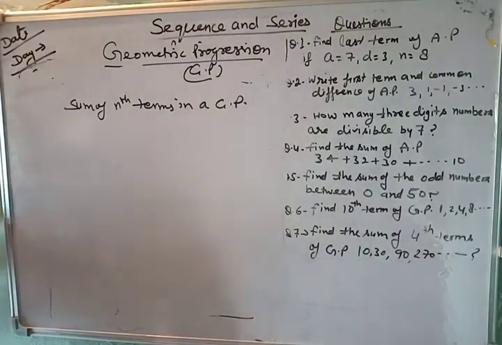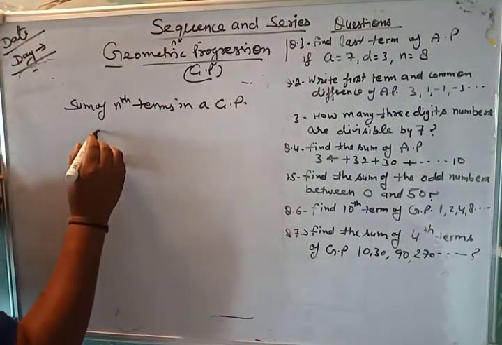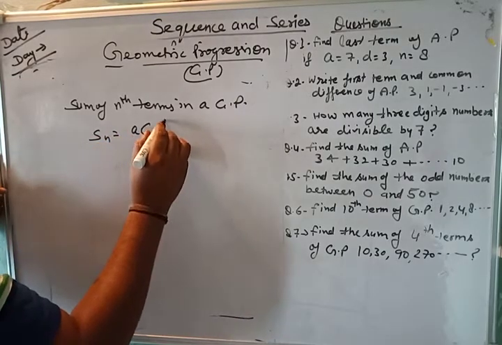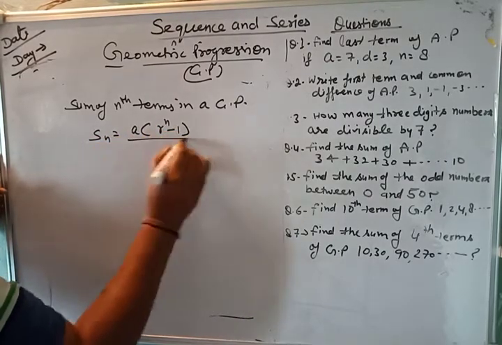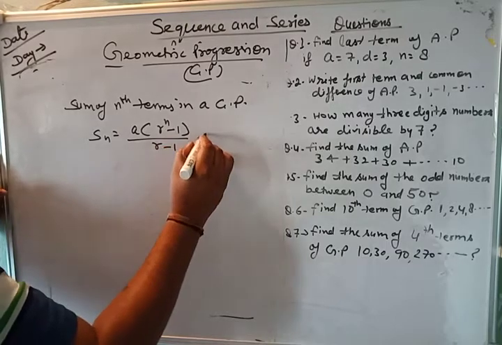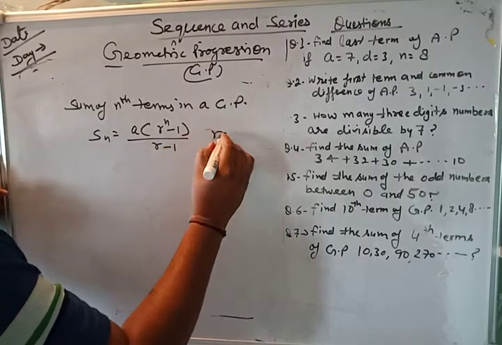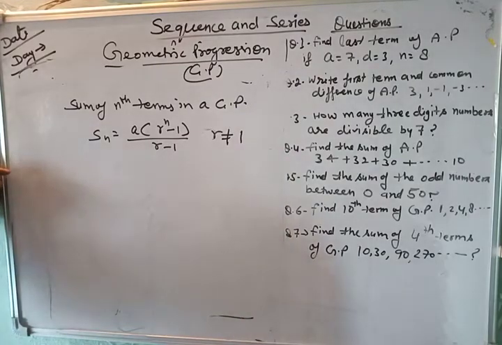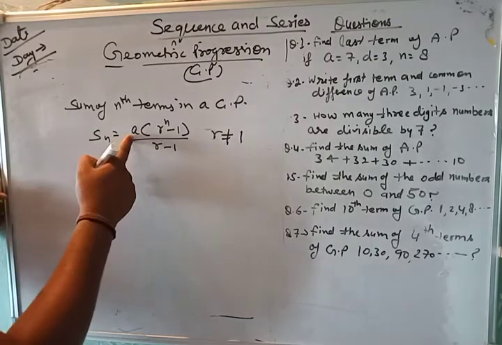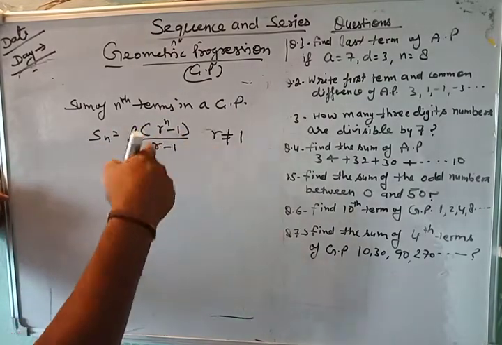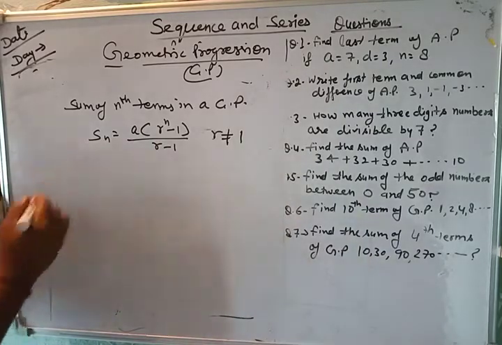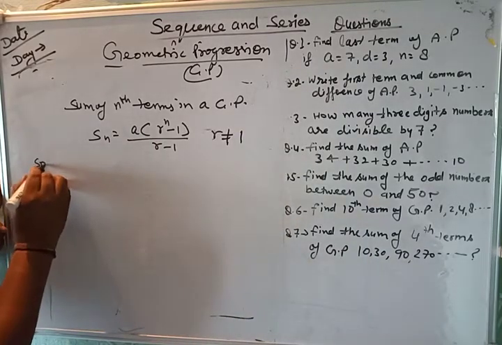So now for the nth terms, the formula is Sn equal to a (r to the n minus 1) by (r minus 1), if r is not equal to 1. Clear? It is the formula. Okay. a is the first term, r is the common ratio, and n is the number of terms. So now on this basis we will solve the question.